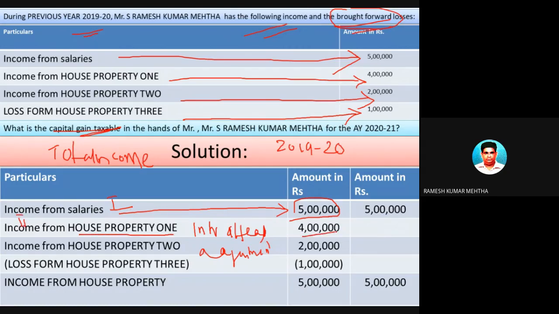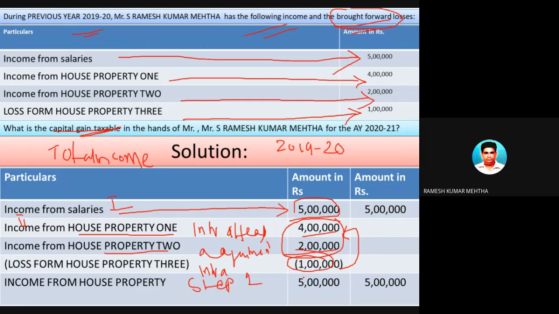One is 4 lakh rupees. Income from house property 2 is 2 lakh rupees. So there was total income of house property to the tune of 6 lakh rupees from house number 1 and house number 2. However, there was a loss from the third house property to the tune of 1 lakh rupees. So under intra-head adjustment, which is step number 1, this 1 lakh rupees has to be set off against this income of 6 lakh rupees of the similar source of income.